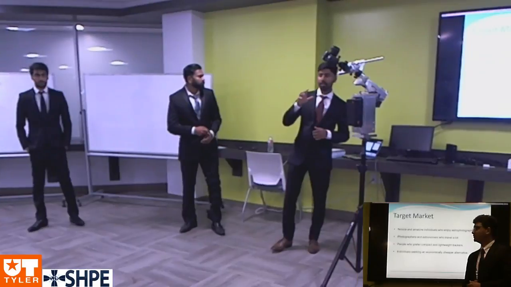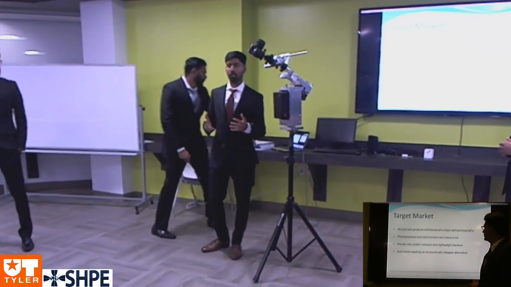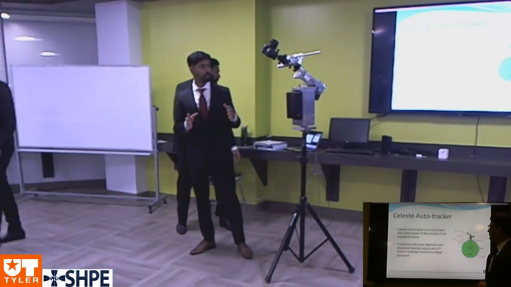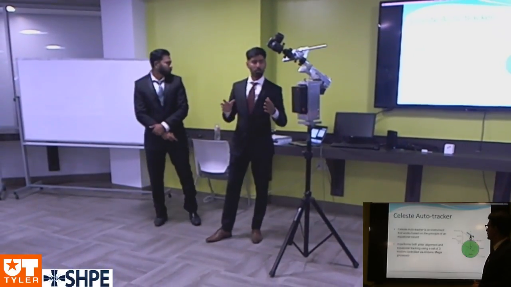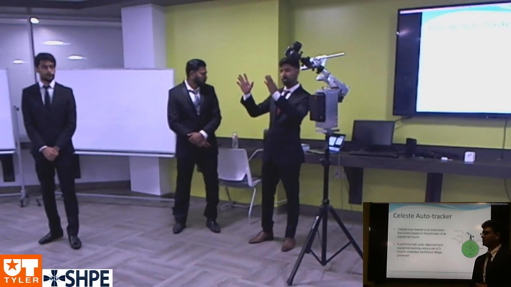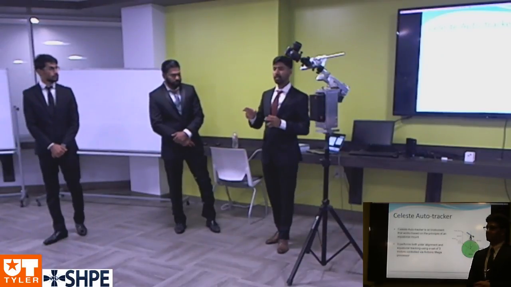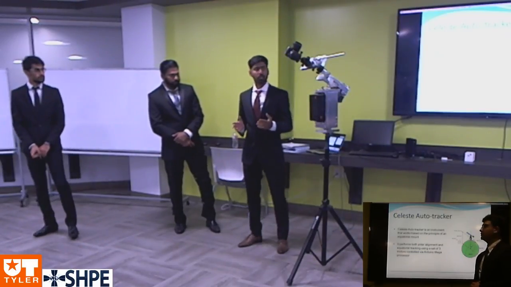An equatorial tracking mount is a common type of mount used in astrophotography. Once the alignment is done, the rotational axis will point towards the north magnetic direction, so the user can easily counteract the Earth's rotation.